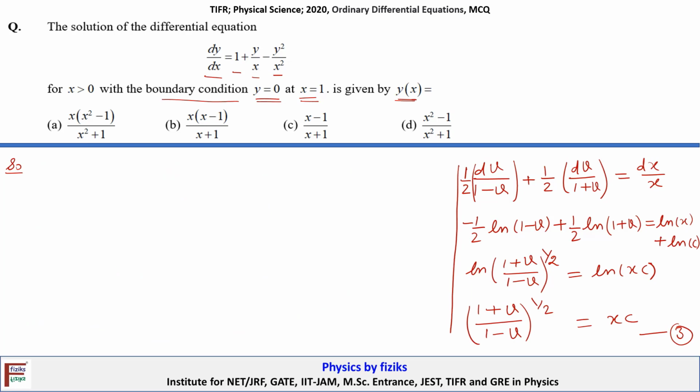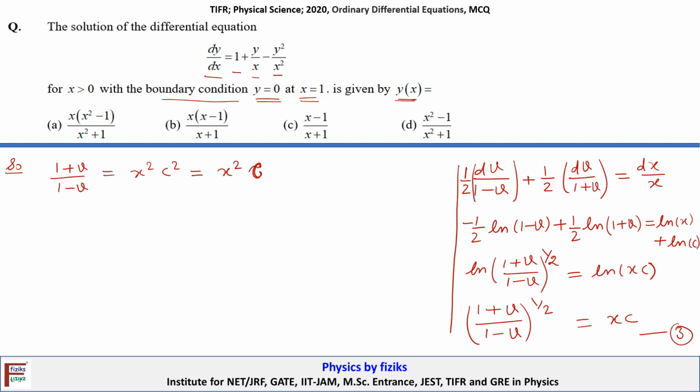On squaring both sides, we can write 1 plus v divided by 1 minus v is equal to x square into c square, and c square again can be replaced by another constant, say capital C. Then this can be written as x square into C here. Now from here we have to obtain the final solution in terms of y and x.